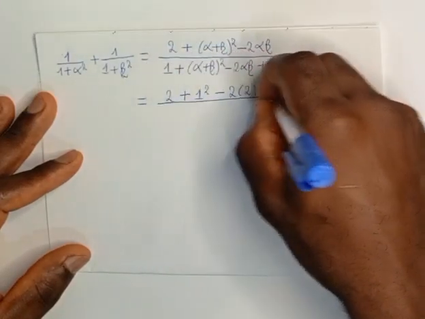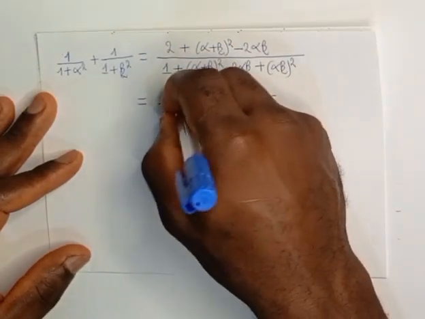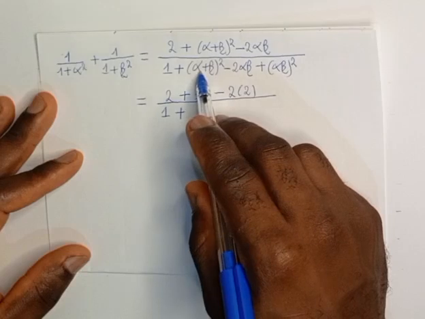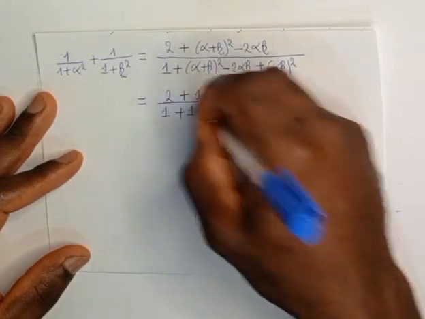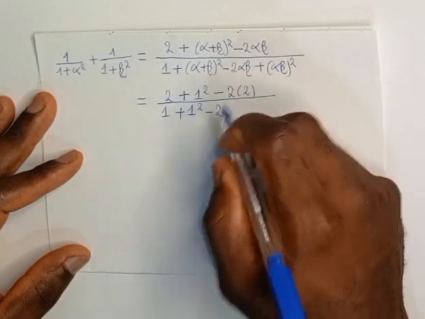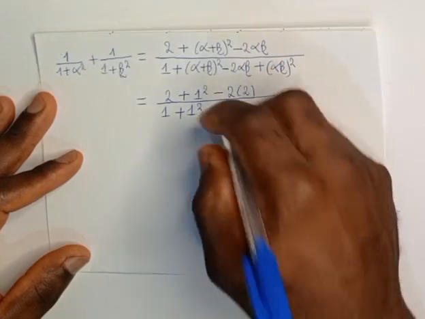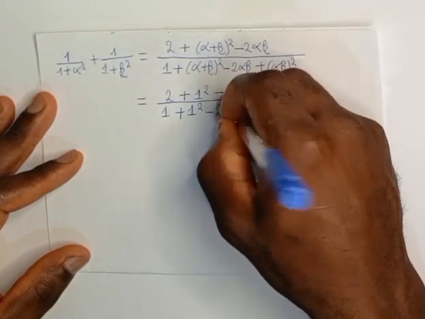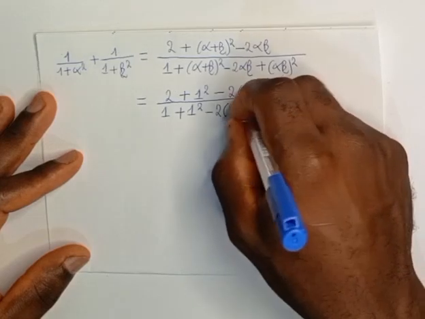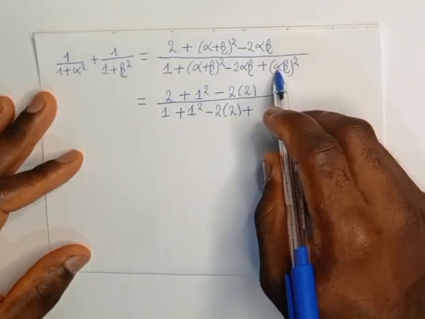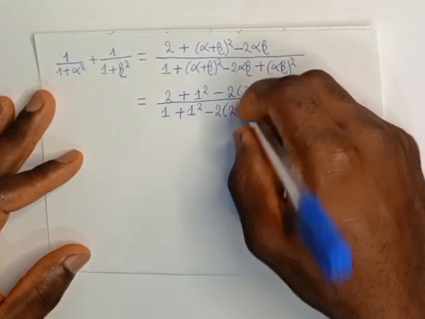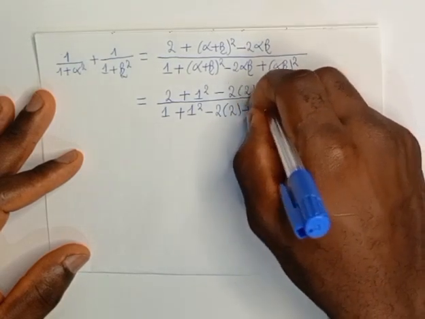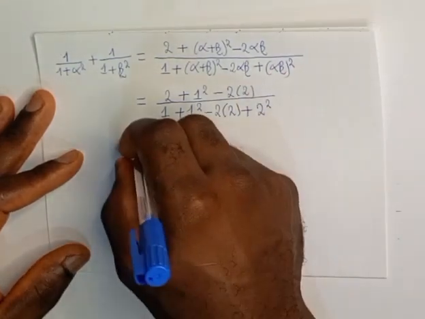We divide by 1 plus the sum of roots alpha plus beta, which is 1 squared, minus 2 times the product of roots alpha beta, which is 2, plus alpha times beta, all this squared, that means 2 squared. Next we have to simplify.